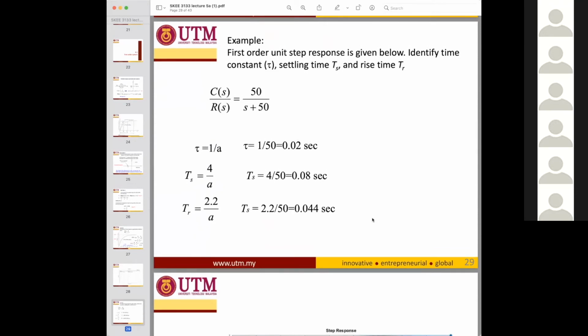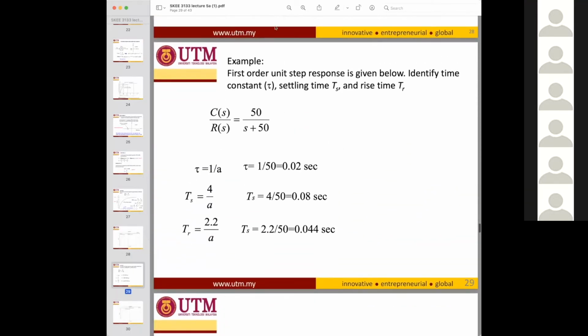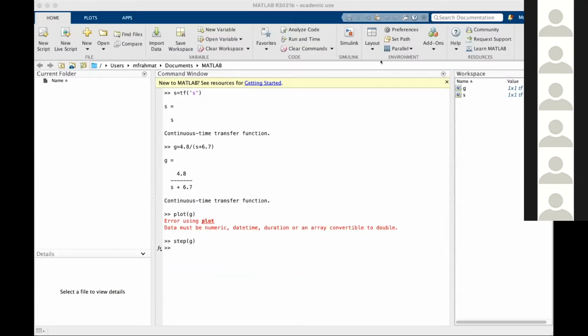First order. Identify the time constant, settling time, and rise time. So kita pakai apa? Kita pakai MATLAB lah. Prof, untuk pakai MATLAB, untuk assignment nanti kita guna live script atau boleh buat dalam command window je?